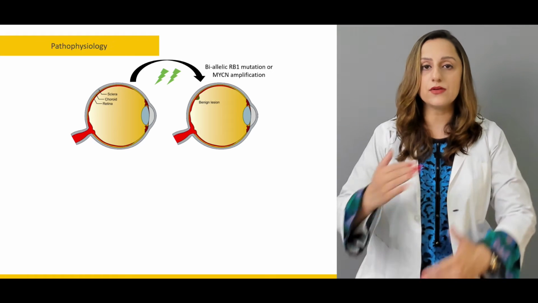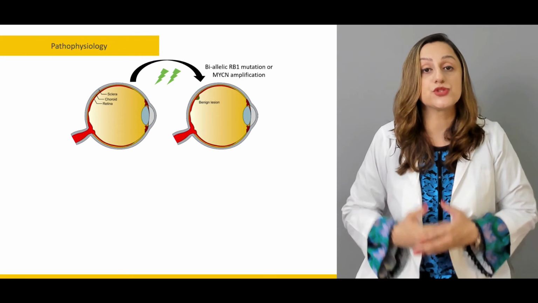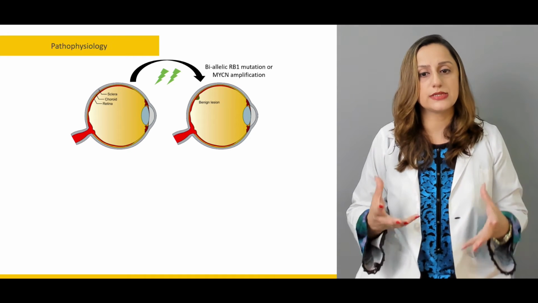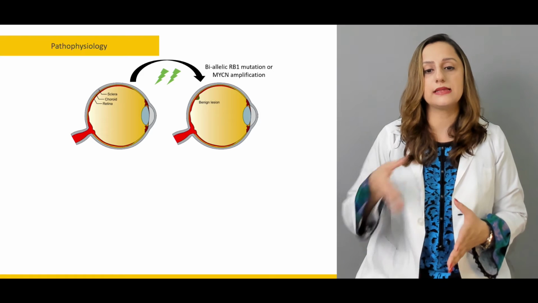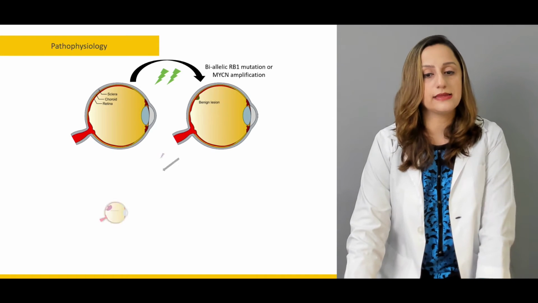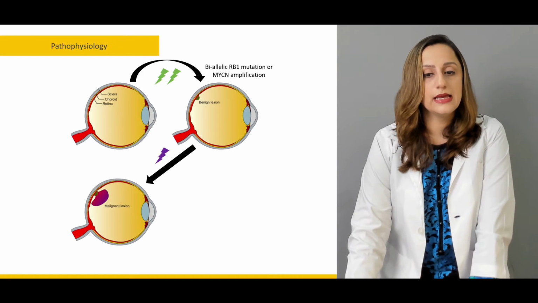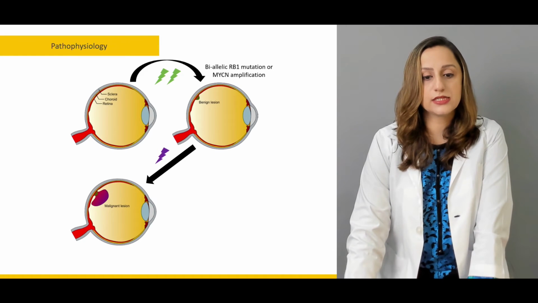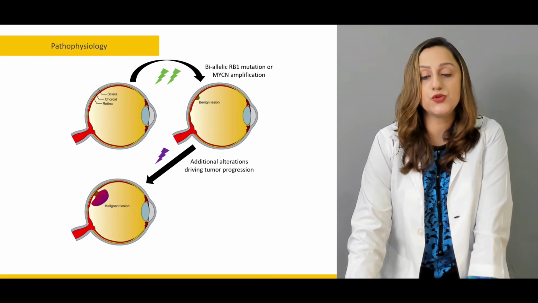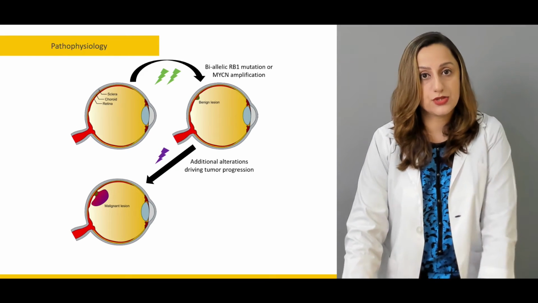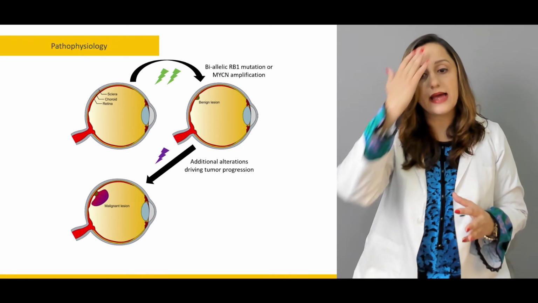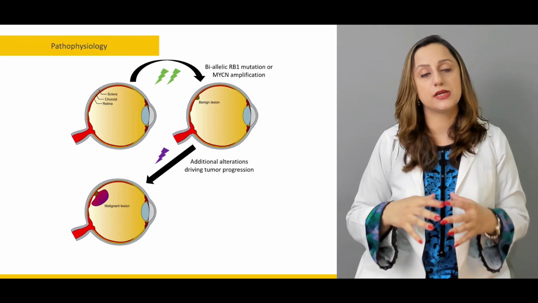So it can be a mutation regarded as the first hit or the somatic mutations, and that is going to give rise to benign lesions at the retina. Furthermore, malignant conditions can arise due to additional alterations that are driving the tumor progression.